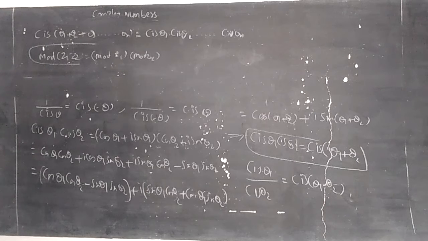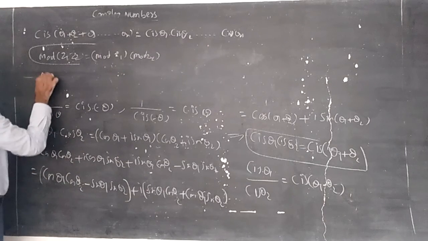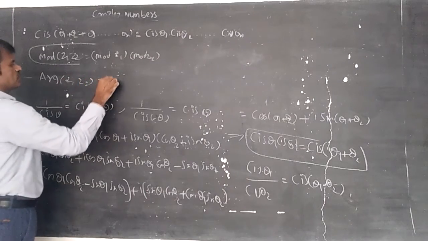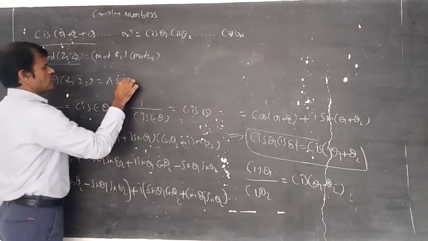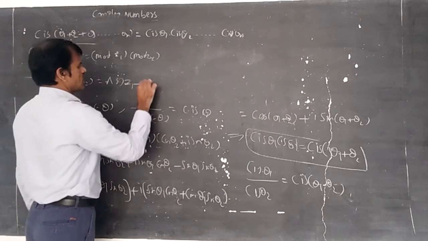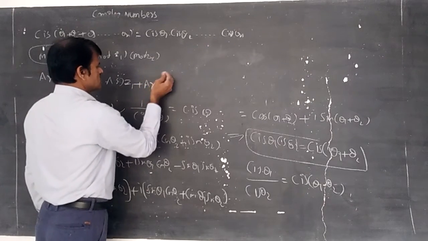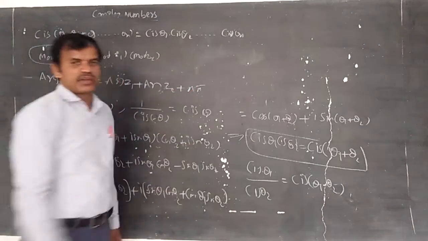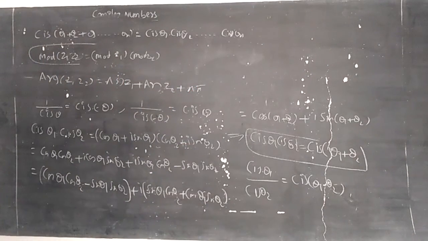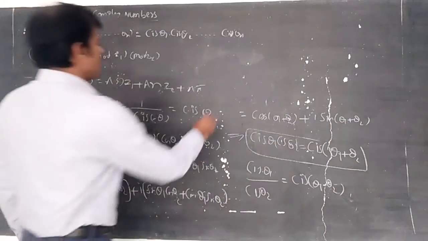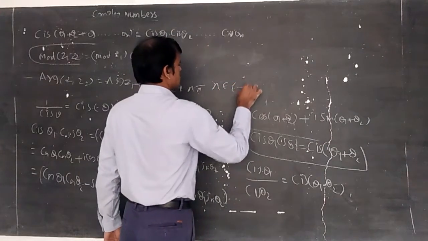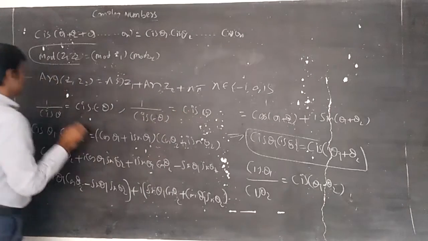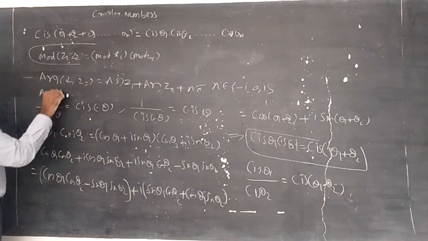Next one, argument of z1 into z2: you write the formula, argument of z1 into z2 is equal to argument z1 plus argument z2. General notation is plus n pi, but for argument z1 into z2 only we need to count. n belongs to the set of -1, 0, 1, but n pi may not be used.